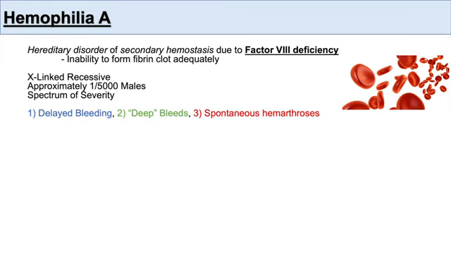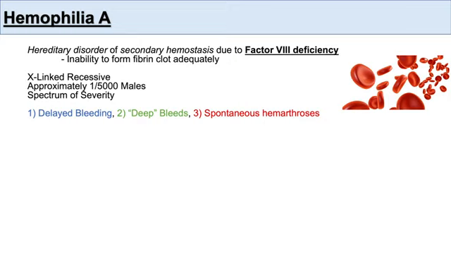Other presentations include deep bleeds, so deeper structures are more likely to have bleeds, and this can often present as spontaneous hemarthroses or blood within a joint space. If you see blood within a joint space for any reason, think about the hemophilias. Oftentimes, these individuals can get hemarthroses simply just with walking with severe forms.